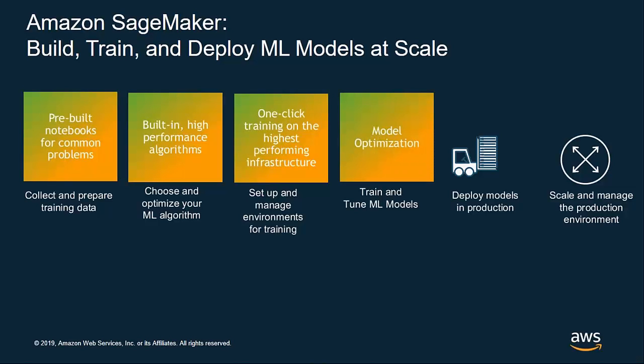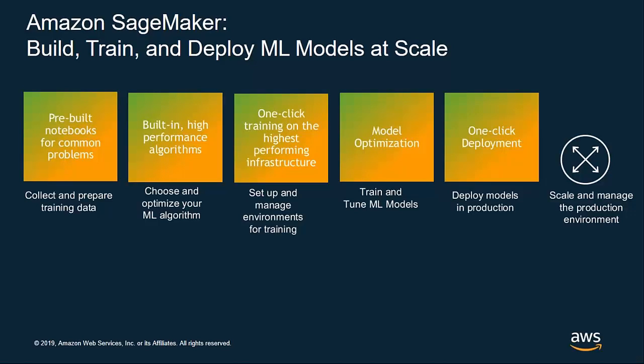We have several model optimization features such as SageMaker Neo that helps you train your model once and then optimize and compile your models to run on various different device targets with 2 times or more performance improvements. We also have automatic model tuning in Amazon SageMaker that automates the process of hyperparameter tuning so you can accelerate your machine learning training process.